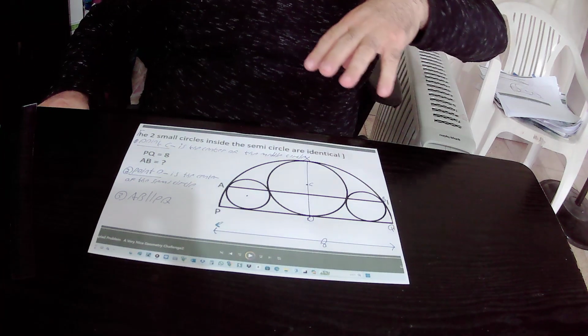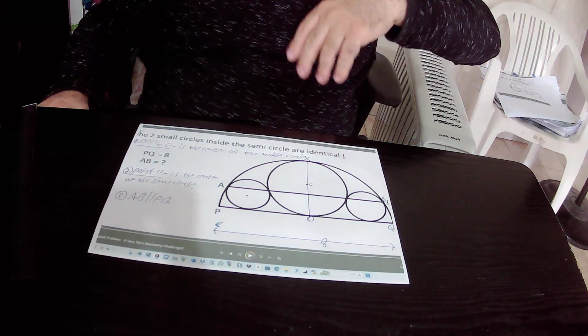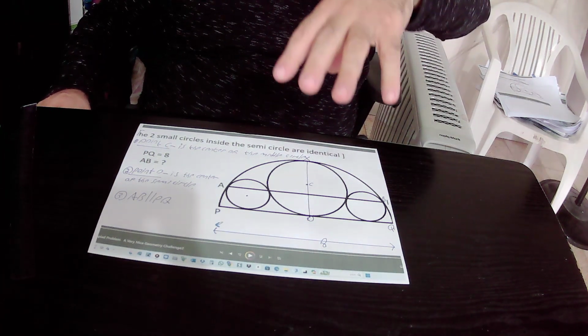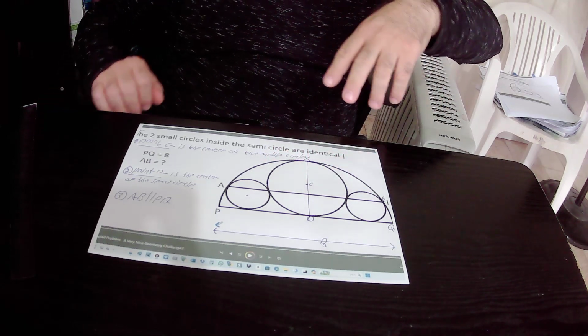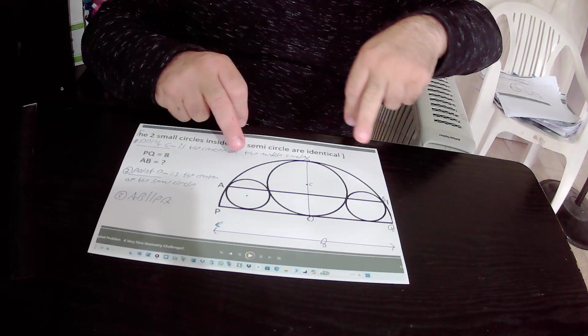Hello, in this lecture we will find out the length of chord AB. In the drawing we have a semicircle, and inside this semicircle we have three circles.